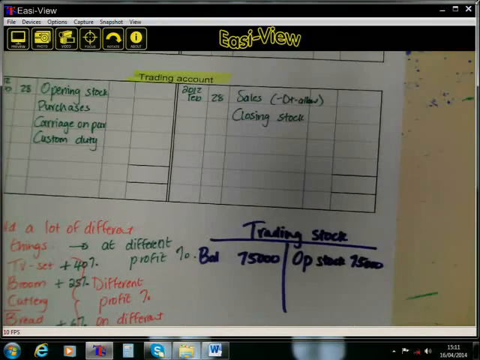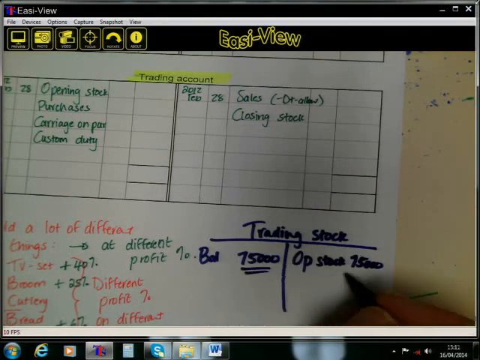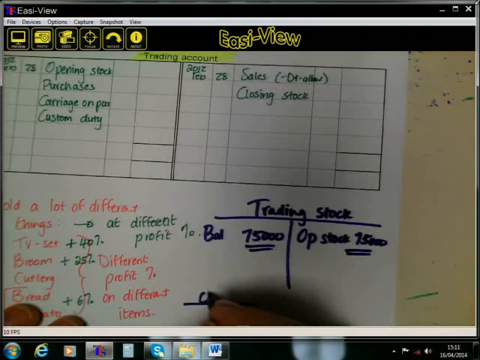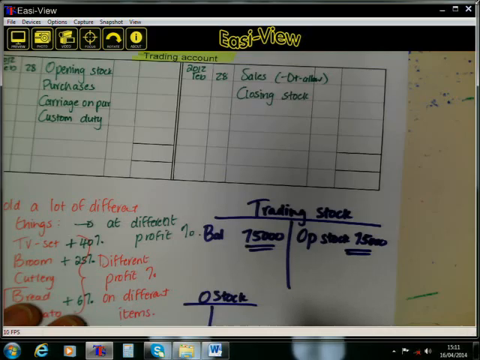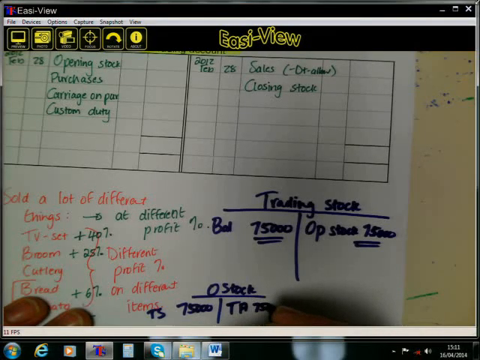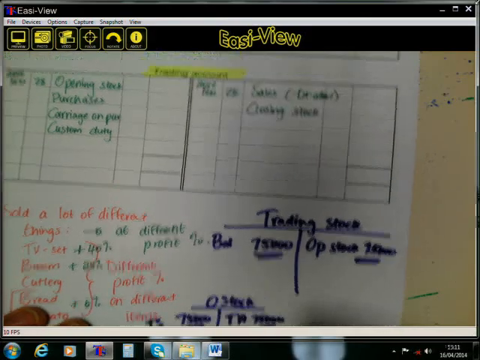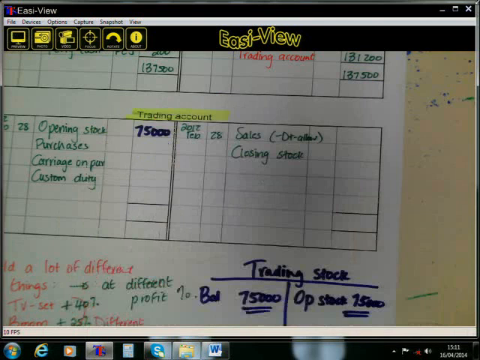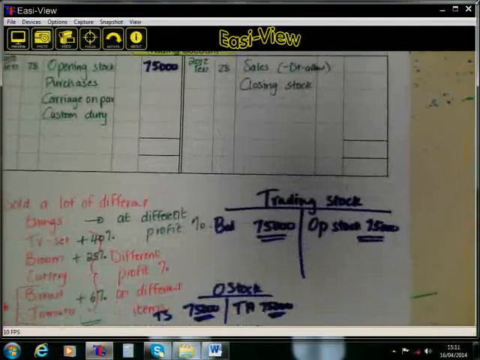You take it to opening stock and you close it off. And then, of course, you've got a small opening stock account where you put the 75,000 on the debit side from the trading stock. And then you take that 75,000 to the trading account. And that's where the 75,000 comes from for your opening stock, given to you.